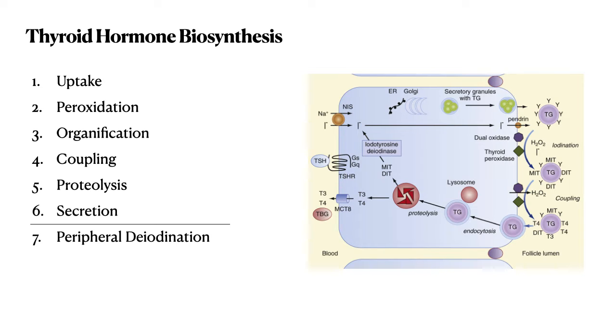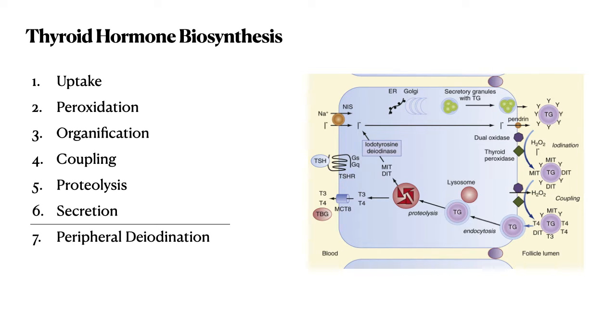Okay? So, after peroxidation, organification, and coupling, you will have thyroglobulin residues which contain the parent hormone of T4 and T3. Remember that the thyroid follicular cell, in response to thyroid stimulating hormone, will take up these thyroglobulins so that they can process the thyroglobulin molecule to generate the end hormone, and in effect, in response to TSH, release the end hormone.